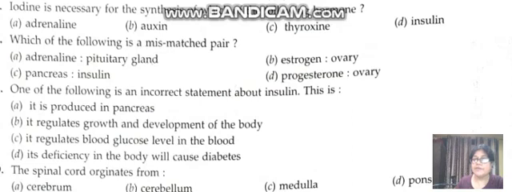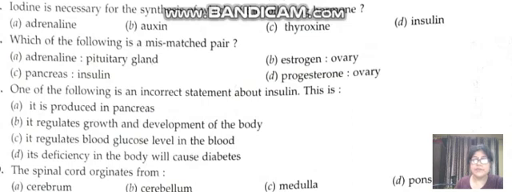So what is the main function of insulin? It regulates the glucose level in the blood of the human body. Its deficiency in the body will cause diabetes. If less insulin is secreted in our body, the patient becomes diabetic. So insulin is not responsible for the growth and development of the body. Other hormones are mainly responsible for that.